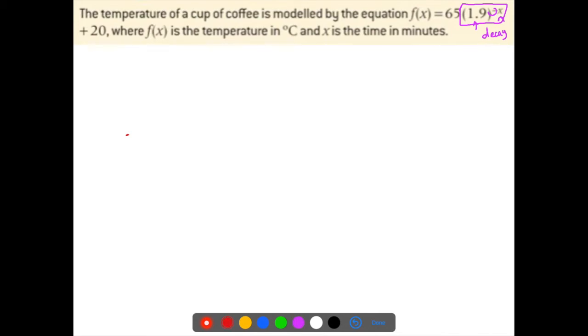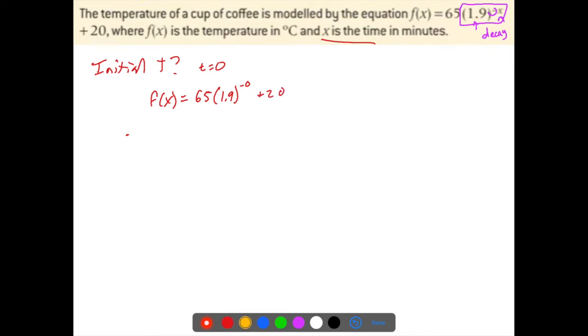All right, well, the first question they might ask us is, what is the initial temperature here? So the initial temperature is when time equals 0. So time here is x, so we'll put 0 in, and so we'll say f of x equals 65 times 1.9 to the negative 0 power plus 20.